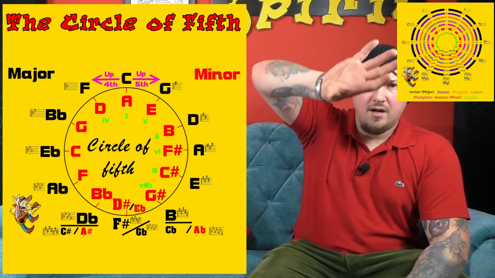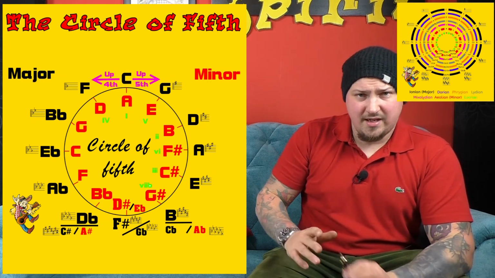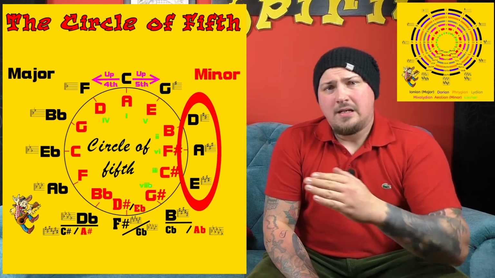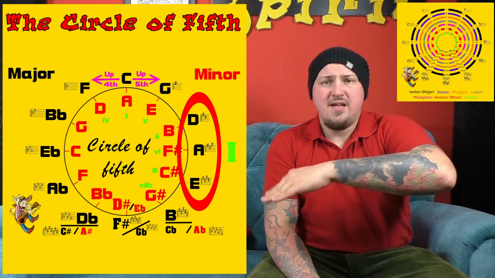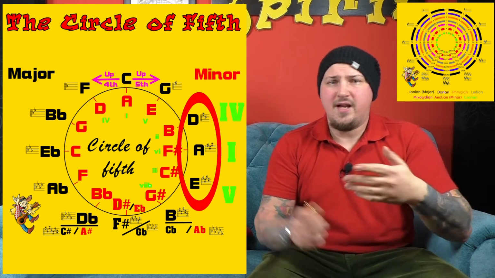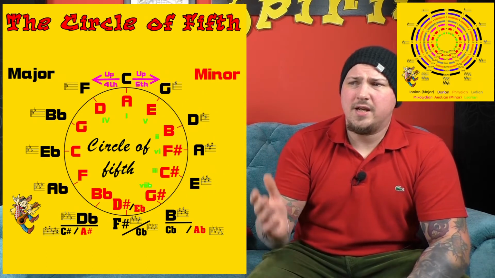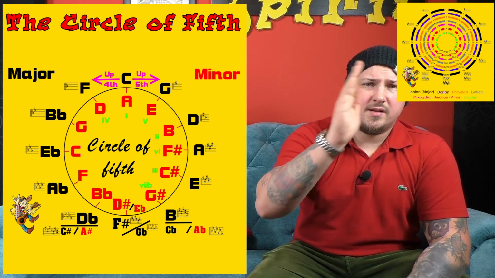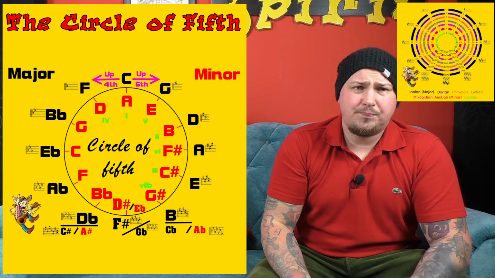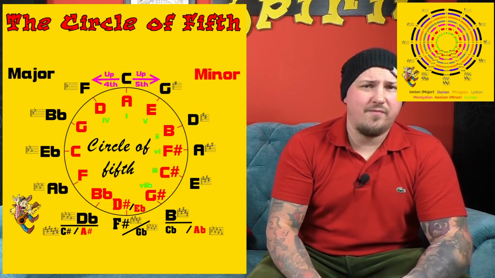And it doesn't matter on what note of the circle you start. Every time it's the same. If you want to play in A major, the A major is the 1, the D major is the 4, and the E major is the 5, and so on. I find it pretty nice because you can see the tonic, the subdominant, and the dominant, and I used it many times while I played in some bands, and we wrote our own songs and things like this.